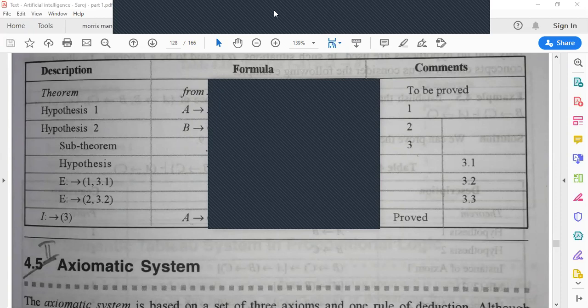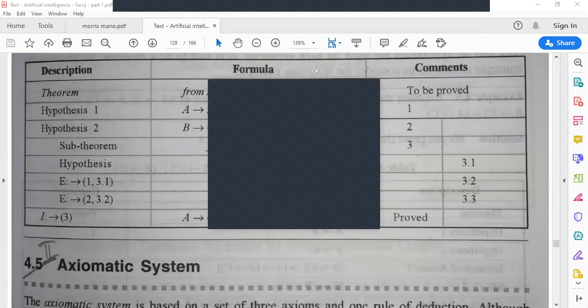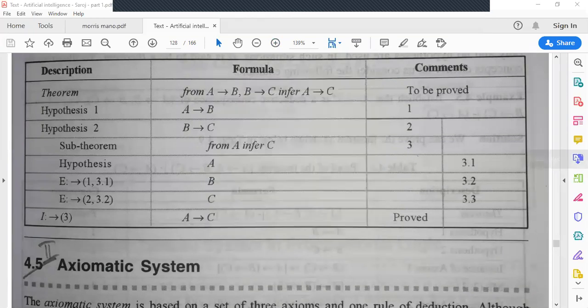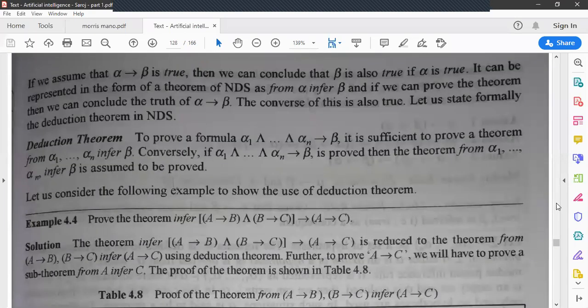So in our last class, we studied logic and propositional calculus, propositional logic, and the natural deduction system, and we looked at some examples of theorems, how to prove, how to derive or deduce an expression from the given formula.